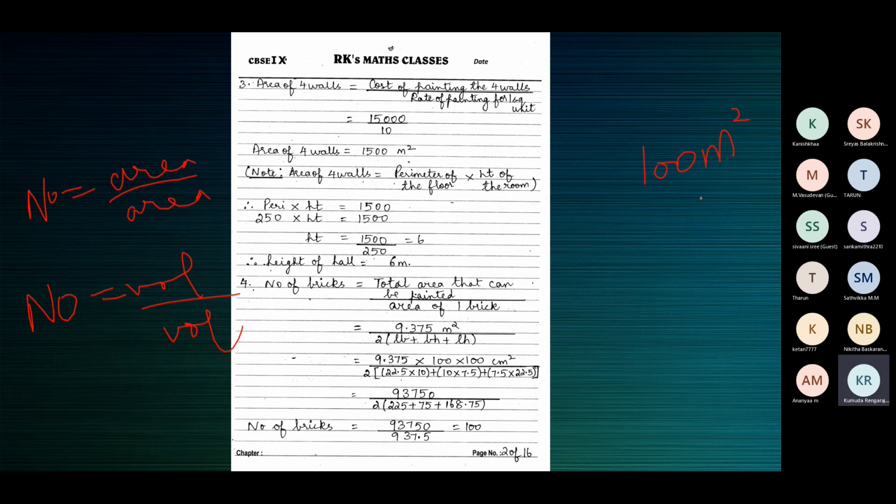Now you have many identical objects, and each object has a total surface area of 4 meters square.